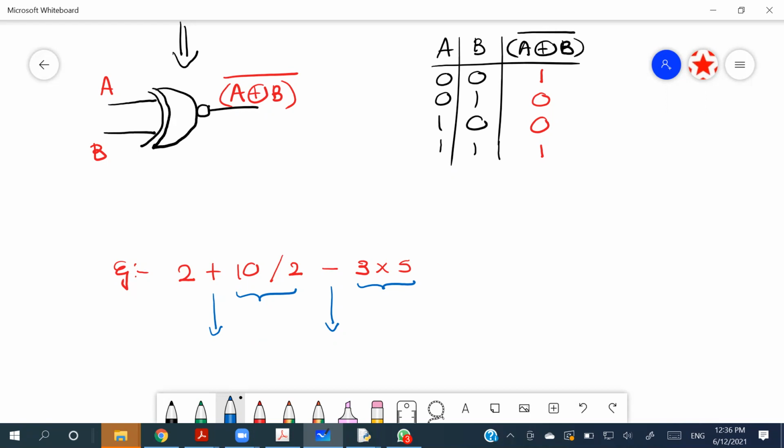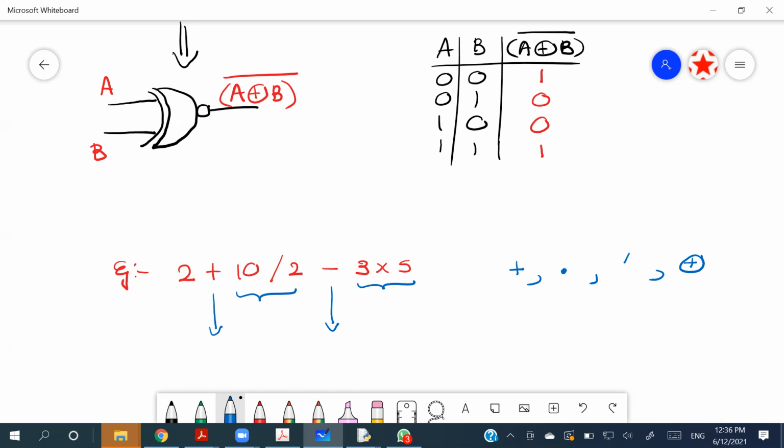So likewise, when we are asked to draw a truth table, we will be finding the operators in the Boolean algebraic area, right? Like you will find the plus, the dot, the dash or the bar, or the XOR, right? Those kinds of operators will be there.